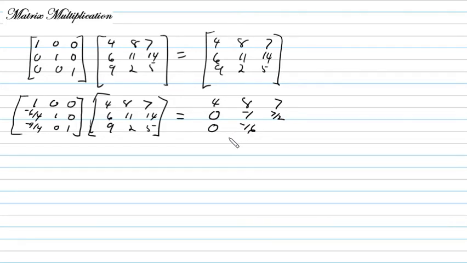And then I want minus 9/4 of 7 plus 5. Minus 9/4 times 7 plus 5 gives me minus 43/4.